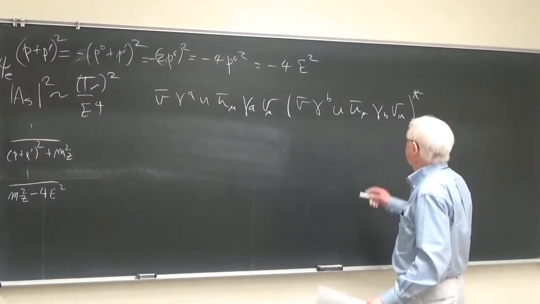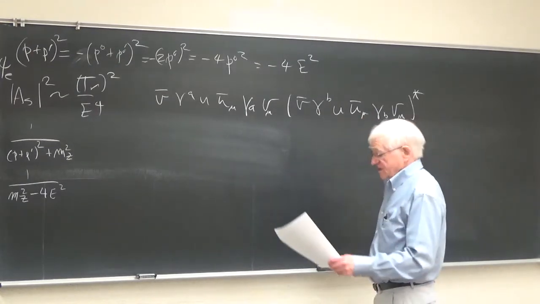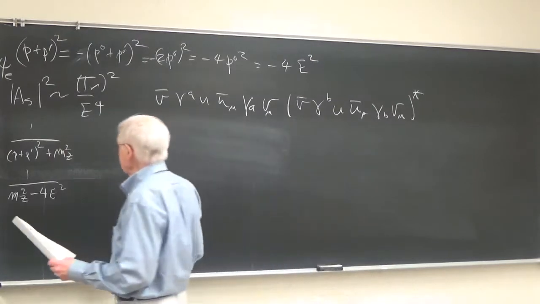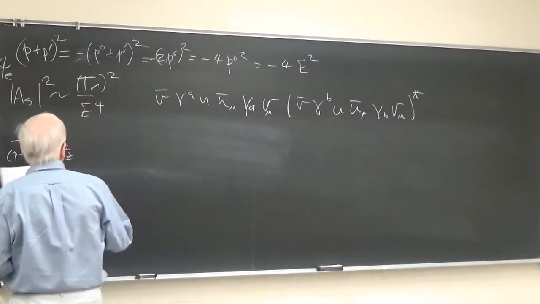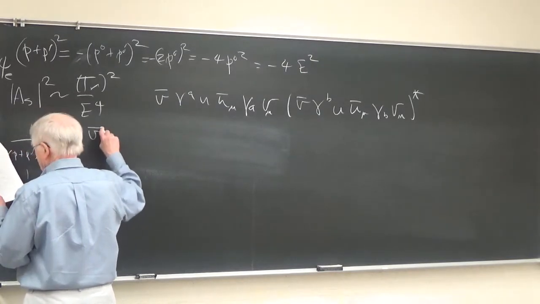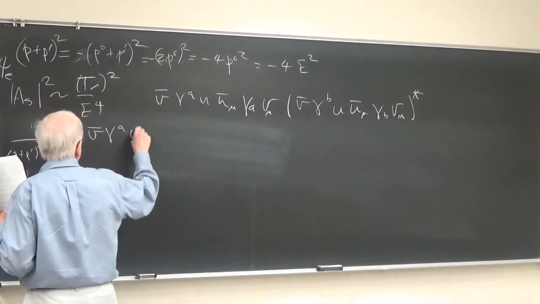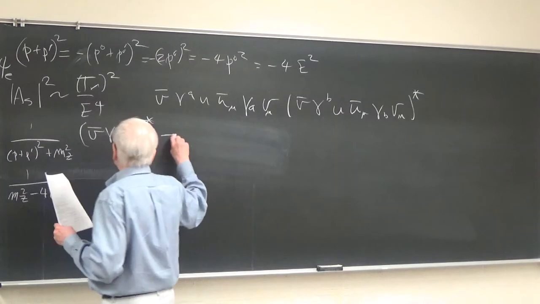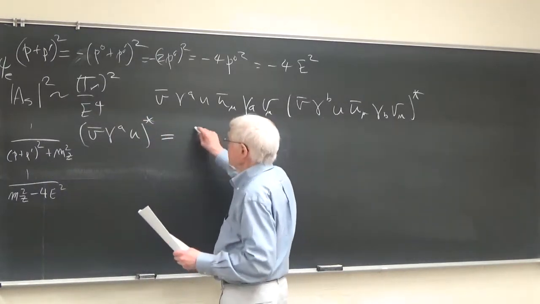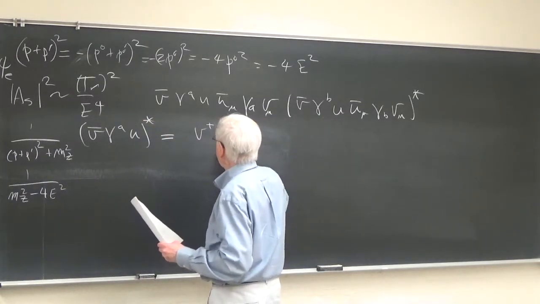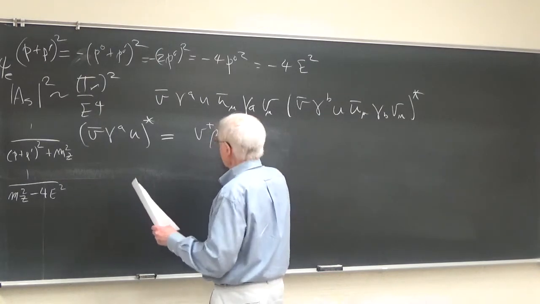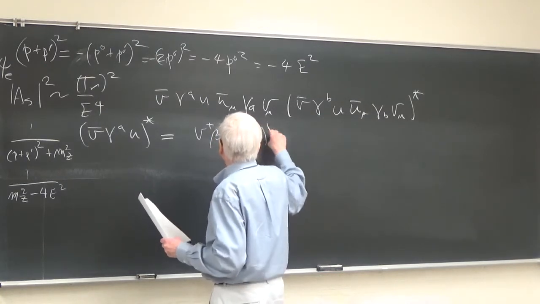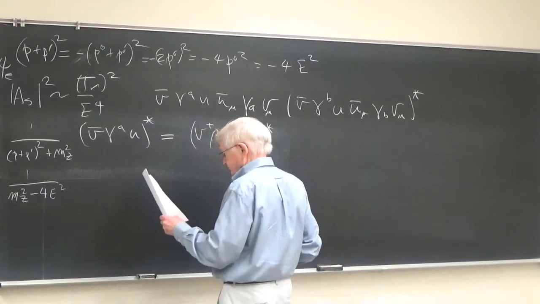And so the first thing is we have to figure out what to do when you complex conjugate something like that. Let us look at just V bar gamma A U complex conjugate. This is V dagger beta gamma A U complex conjugate.